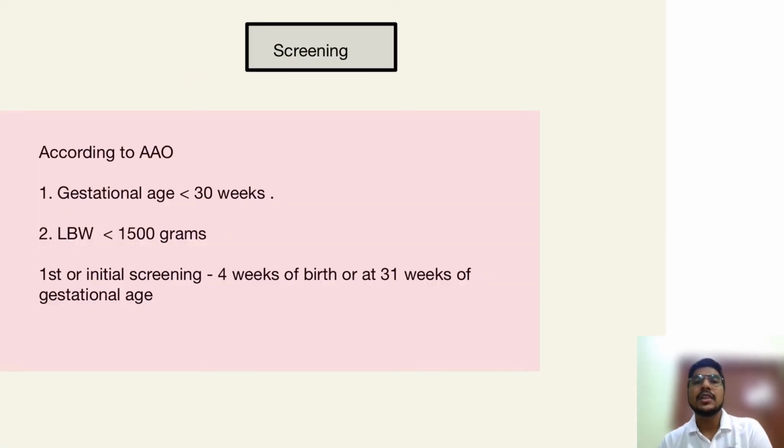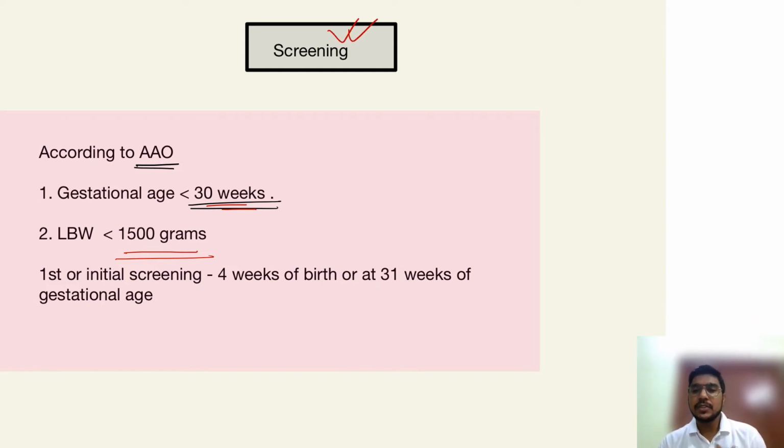Coming to the important thing as far as the exam is concerned, they always ask you when to screen a baby for ROP. There are American Academy of Ophthalmology guidelines. They say that if the baby is less than 30 weeks of gestational age or less than 1500 grams, then you should undergo the screening procedure.